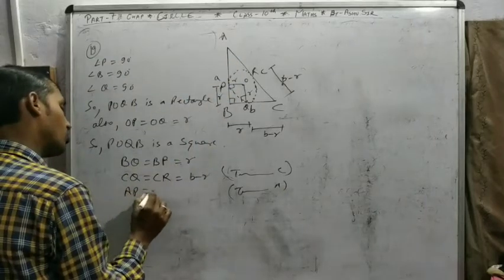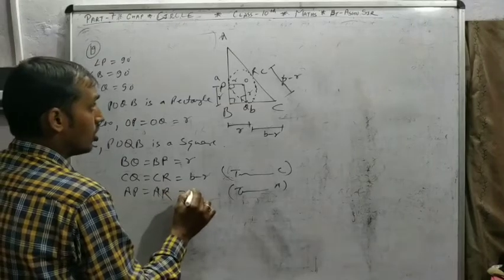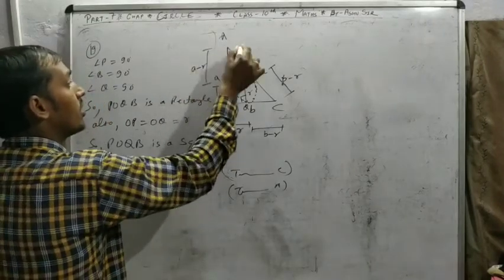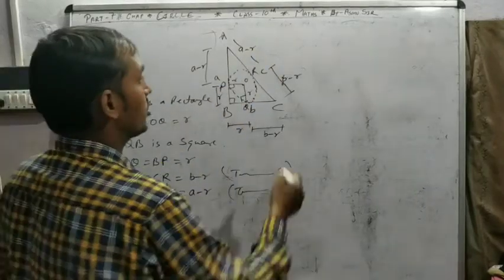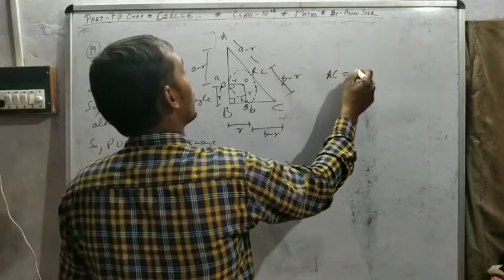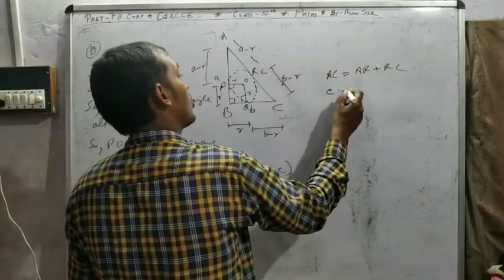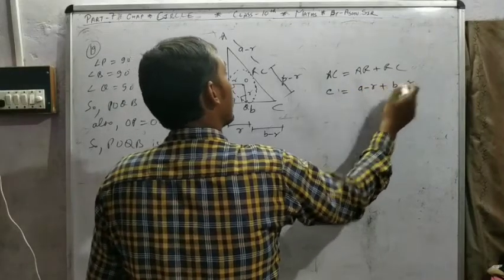AP is equal to AR is equal to A minus R. This is A minus R, A minus R. Same logic. So AC is equal to AR plus RC. AC is equal to C. AR is A minus R, RC is B minus R.